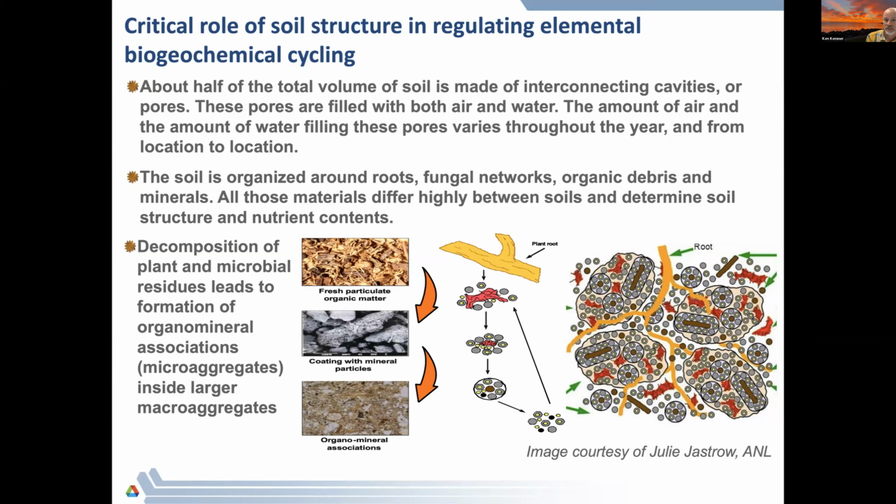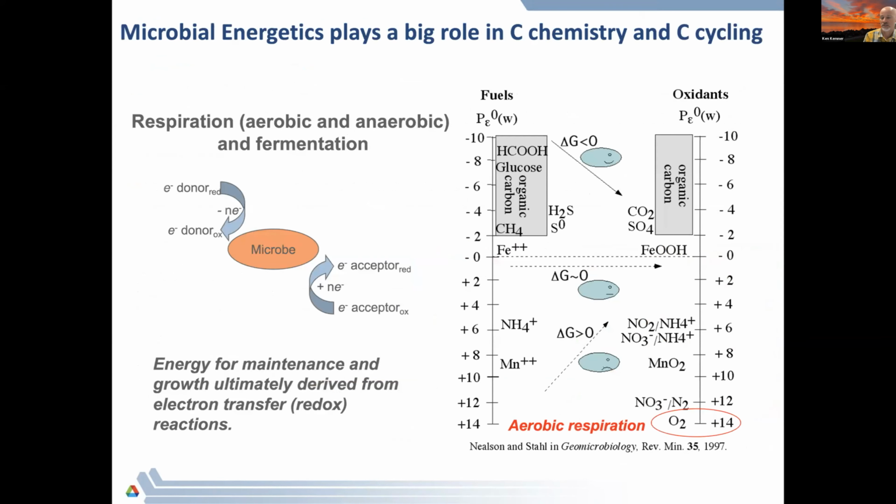So moving on from the physics, if you will, of the soil, there's also the chemistry that's often catalyzed by the microorganisms. That's the bio of the biogeochemistry that I'm talking about. If we look at it very simplistically, thinking of respiration of microorganisms, either aerobic or anaerobic, you couple an electron donor, or a fuel, on the left side of that graph on the right, to an electron acceptor, going all the way down, for instance, to oxygen at the bottom right here.